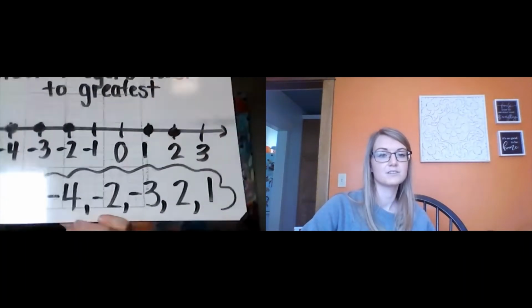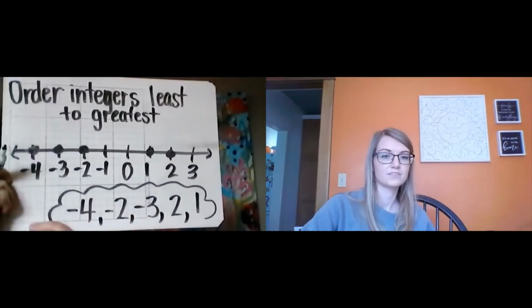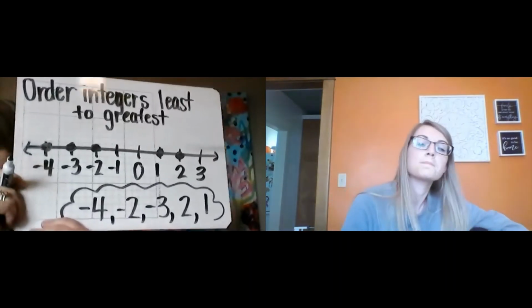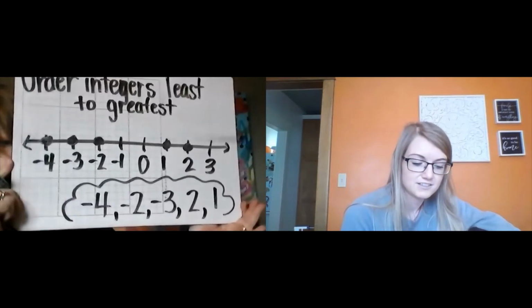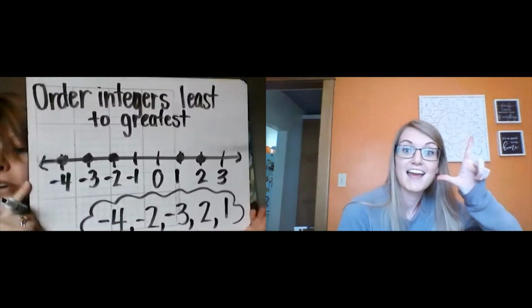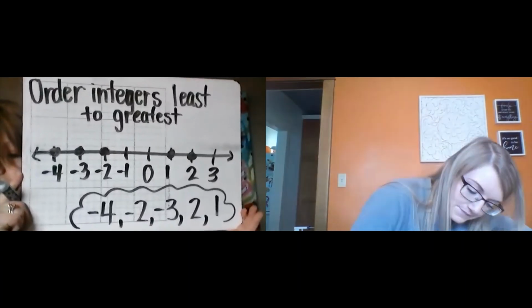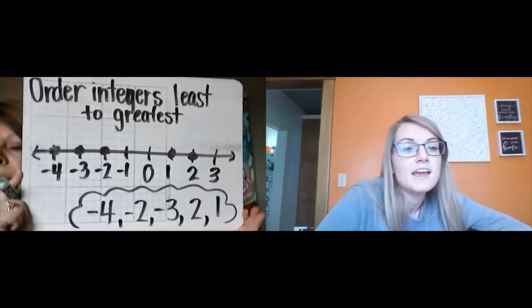All right. Now, Mrs. Zimmerman, we want to put these numbers from least to greatest. Okay. So are we going to start on the left, or are we going to start on the right? We're going to start on the left. Because what's the first number you see? The first number I see is -4. All right. What's next?